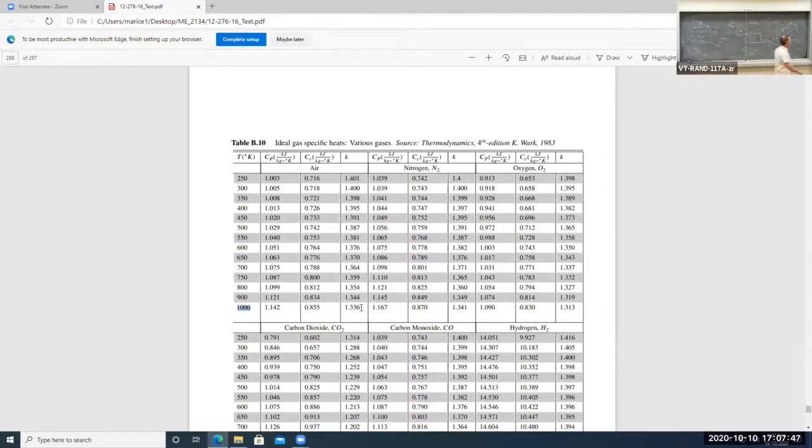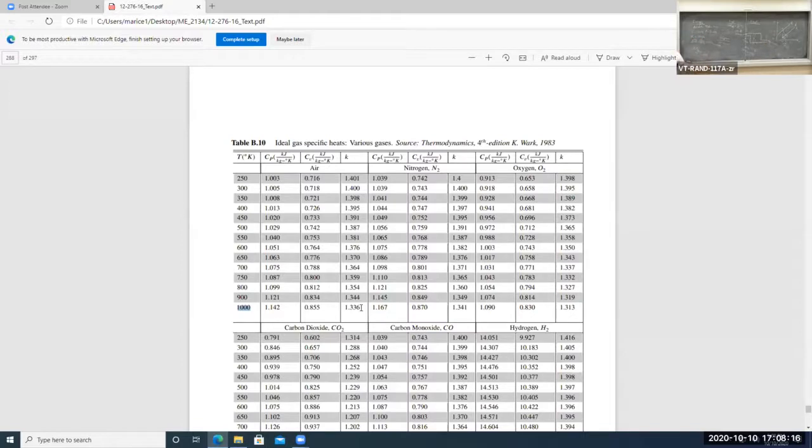I think I'll write right over here. K evaluated at 1,000 degrees Kelvin. What was it, 1.337? 1.336. Oh, do I have the right camera on? Let's have a look.